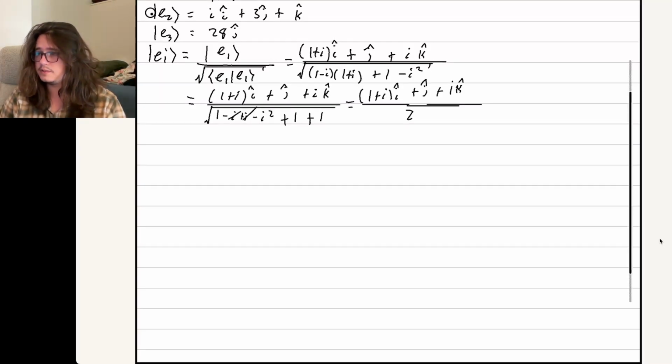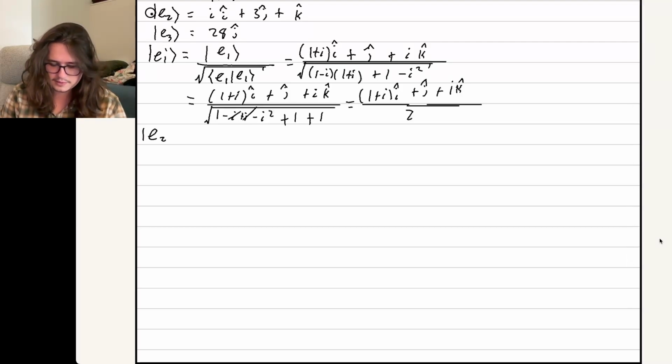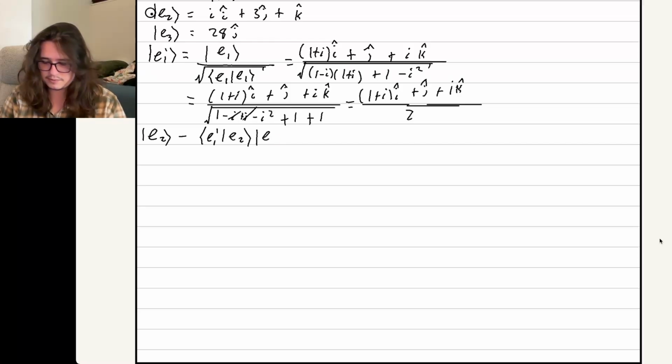The next step is to take the second basis vector, e2, and subtract off the projection of e1 onto e2. Or I guess it's the projection of e2 onto e1, but yeah, we subtract that from e2.